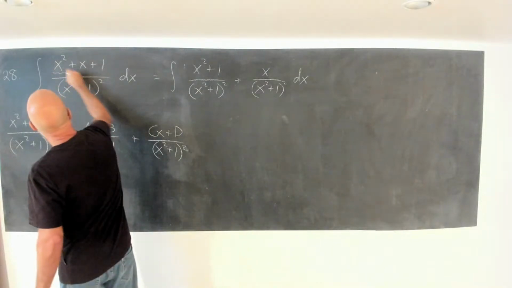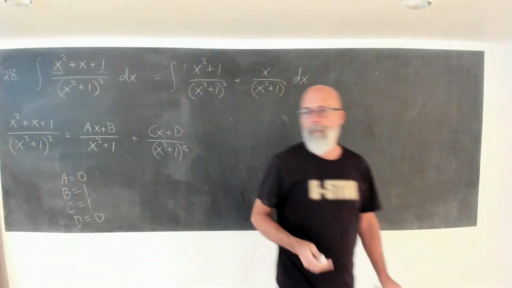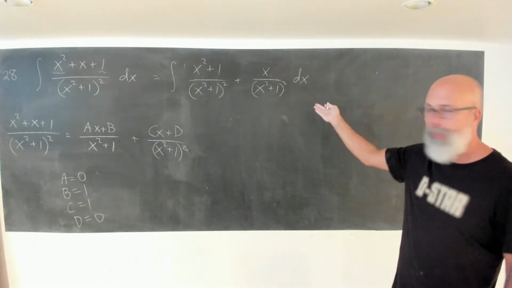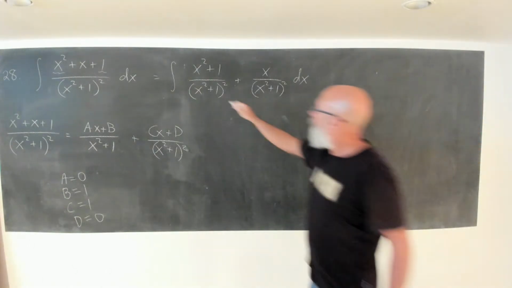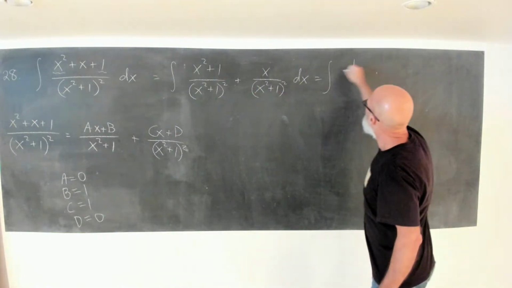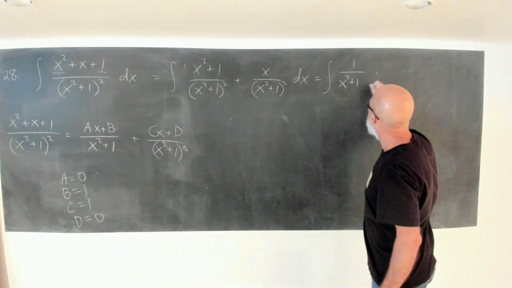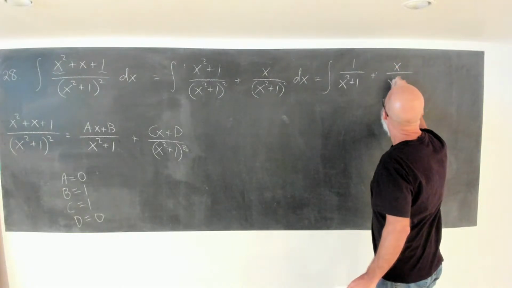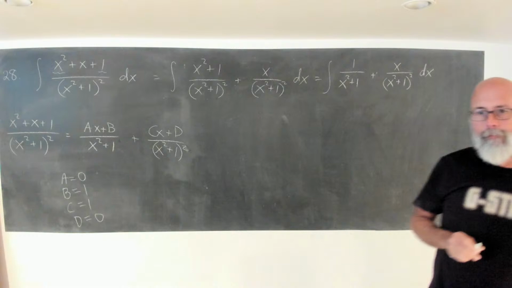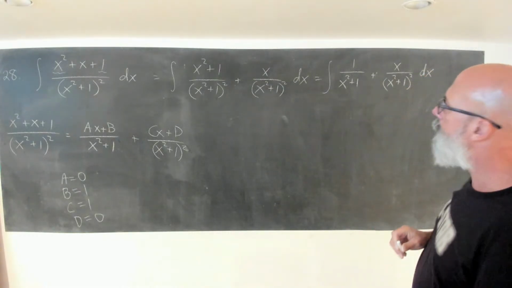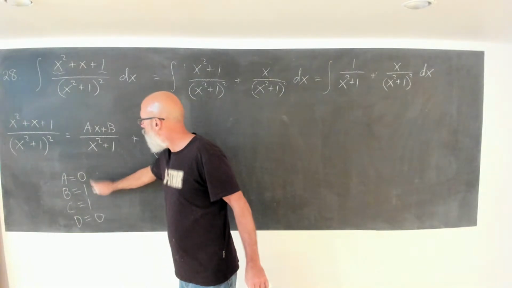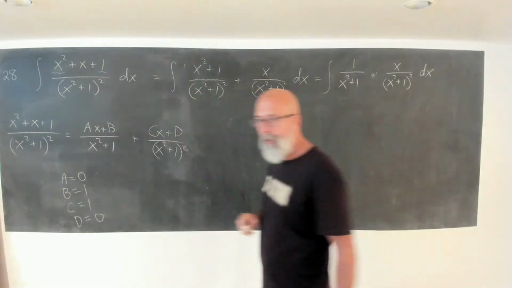Grouping these two together and the x separately, you get this. And now x squared plus 1 over x squared plus 1 squared is just 1 over x squared plus 1. Isn't A 0? It is. A is 0, B is 1, C is 1, and D is 0.